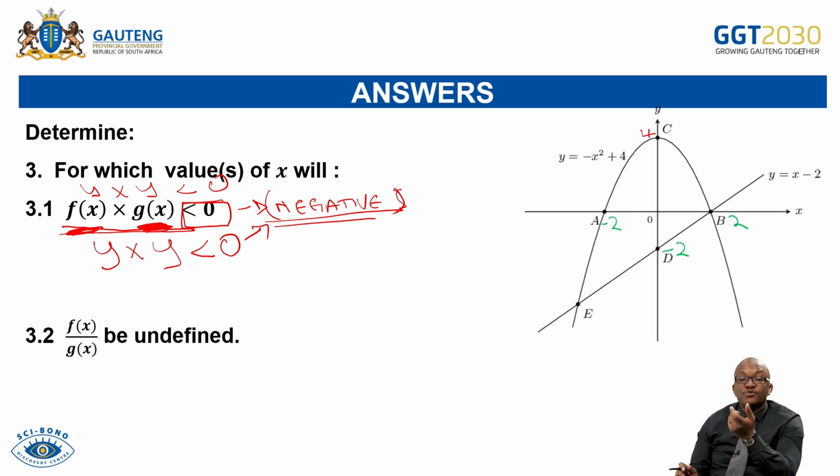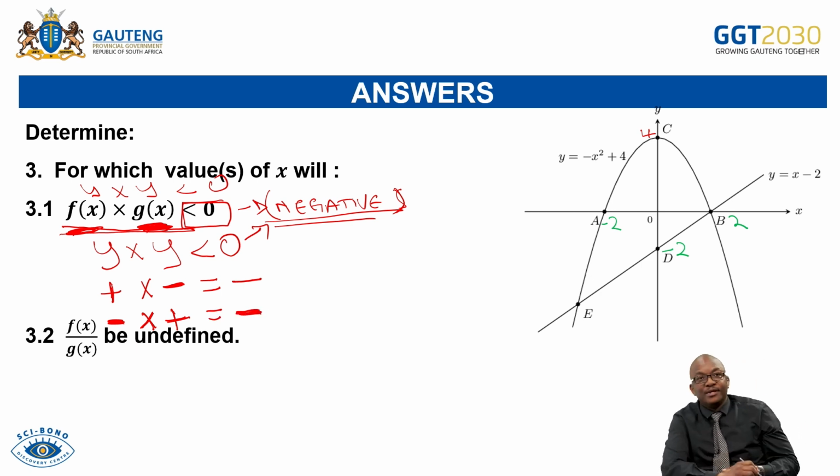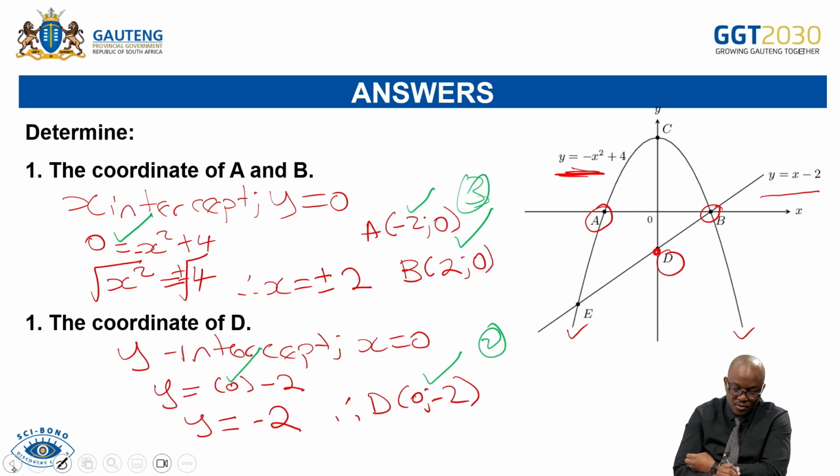We want the x values where, when I multiply these y values, I get negative. It's when you have positive multiplied by negative, you will get negative, or negative multiplied by positive, you will get negative. What do I mean?